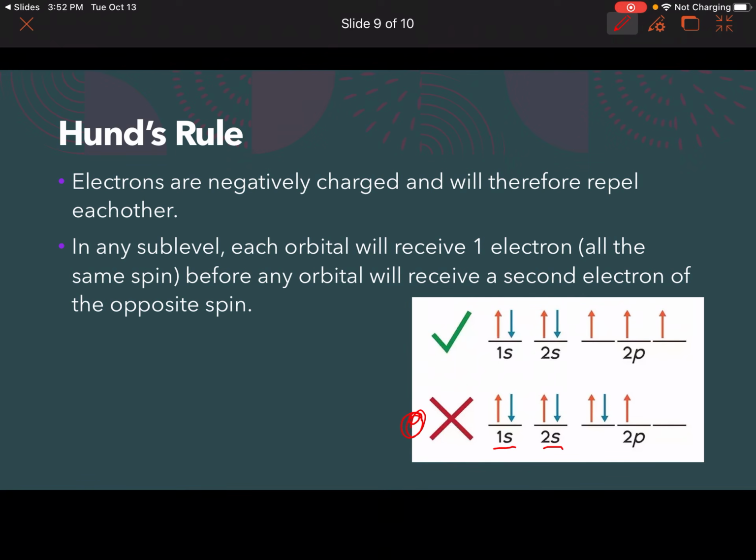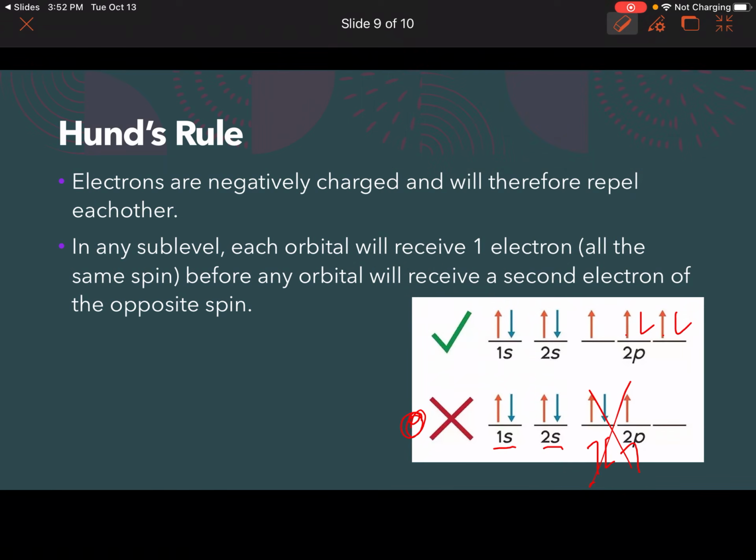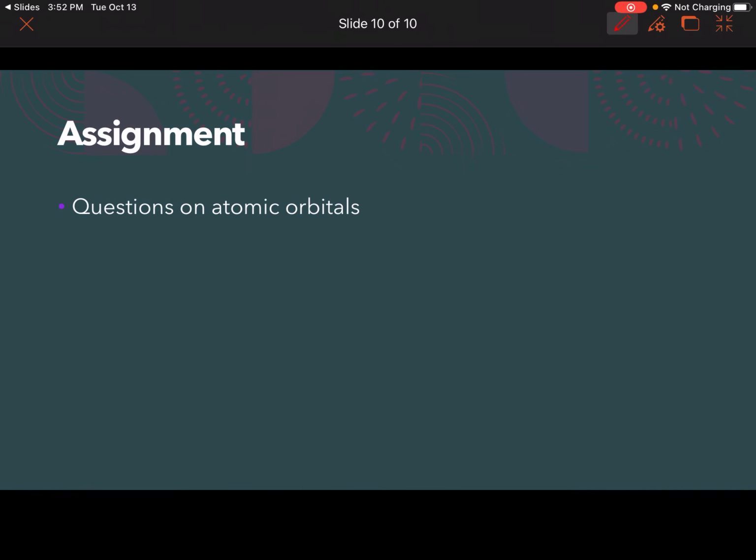But then we go to the 2p, and what this is showing is you've got one up, but then we went back and did one down, and that is wrong. We would have to do one in each orbital before we start filling in the spin down ones. Let me just erase those. So always spin in one direction first, and then we can go in the opposite direction.